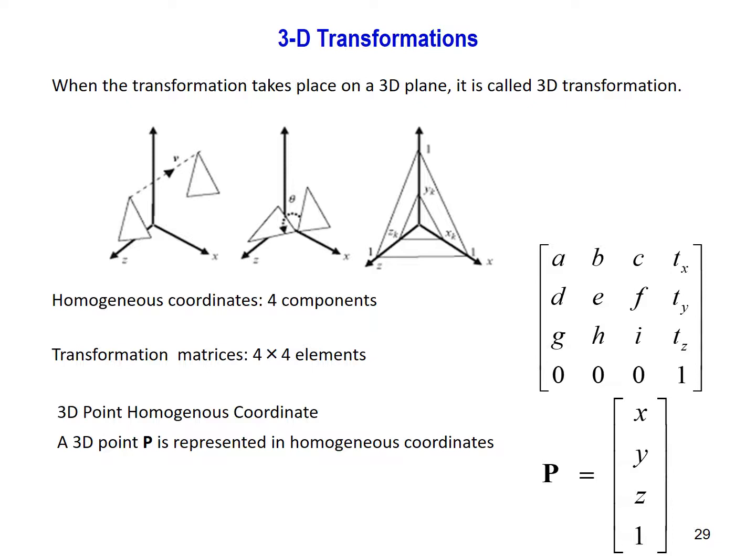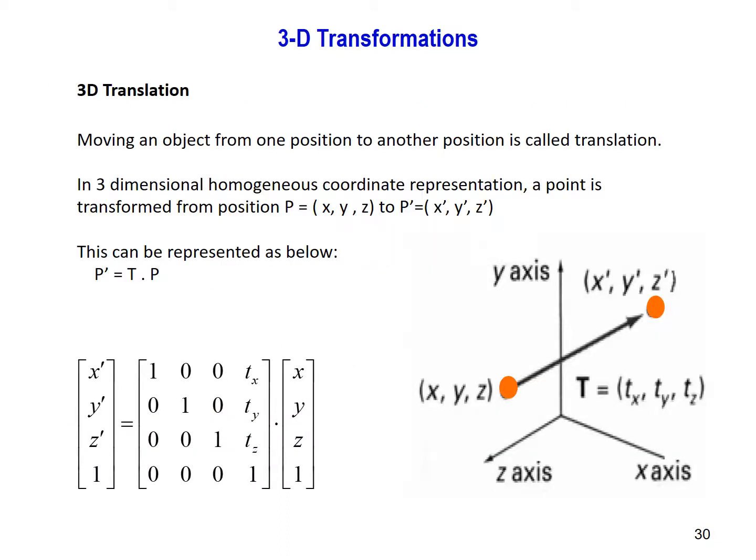3D transformations. When the transformations take place in 3D space, it is called 3D transformations. Homogeneous coordinates of 3D transformation contain 4 components and the transformation matrices are 4x4 matrices. 3D point homogeneous coordinate is x, y, z and 1. 3D translation is same as 2D translation with an extra z coordinate and its homogeneous coordinates are 4.